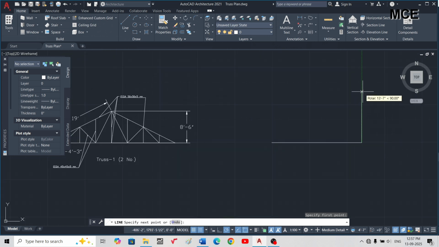So 8 feet 6 inch will be the king post for this truss. Join it with this. So this is our truss T2. Now the length of the bottom chord is 24 feet.